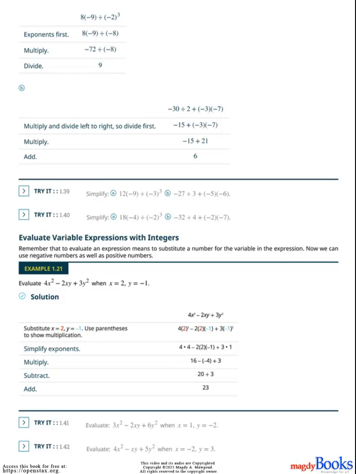Add. 23. Try it 1.41. Evaluate. 3x^2 minus 2xy plus 6y^2 when x equals 1, y equals -2. Try it 1.42. Evaluate. 4x^2 minus xy plus 5y^2 when x equals -2, y equals 3.